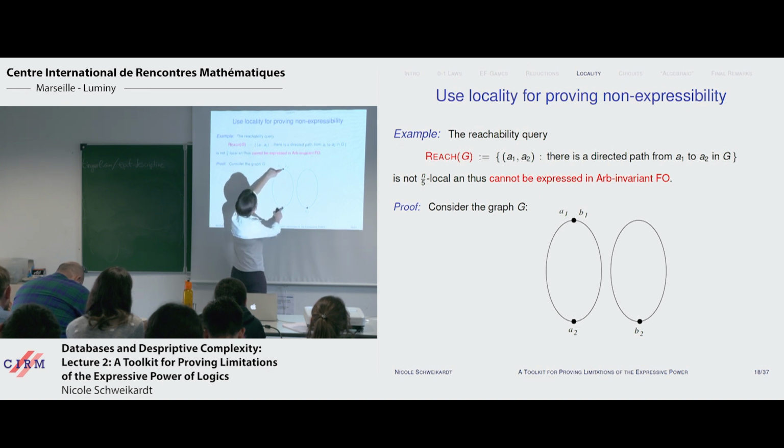What does their local neighborhood look like? Well, it's the disjoint union of two graphs. What is the distance between these two? It's n/4, if this here is n/2.